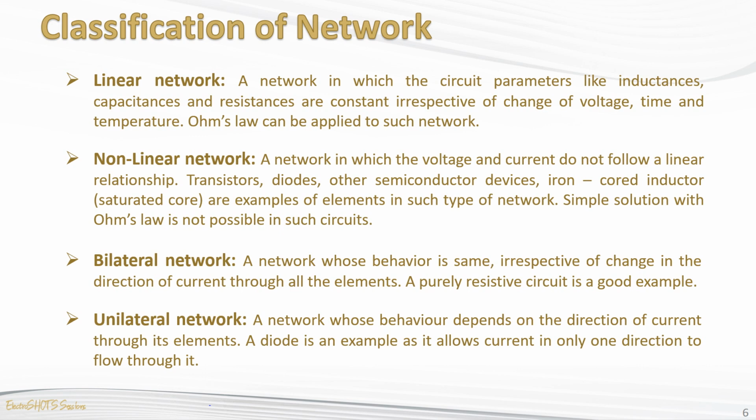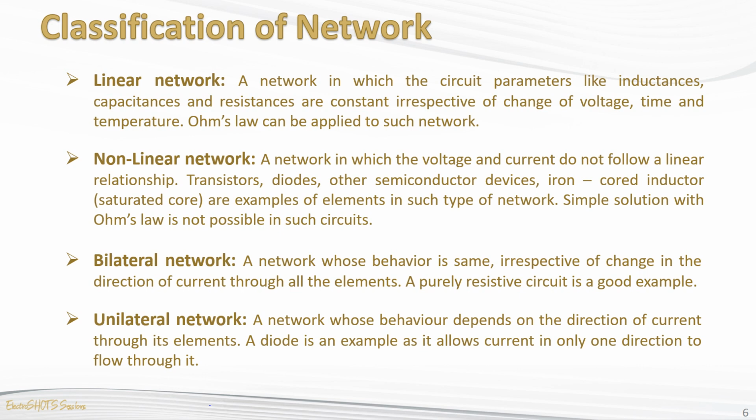Non-linear networks, on the other hand, involve elements like transistors, diodes, other semiconductor devices, and saturated core inductors, which do not follow a linear voltage and current relationship. So Ohm's law cannot be applied to such circuits.